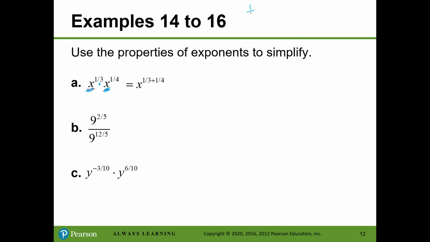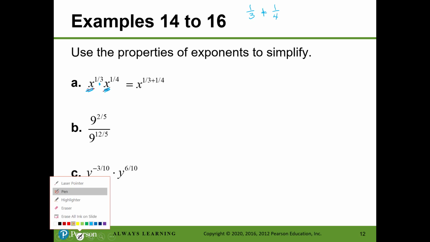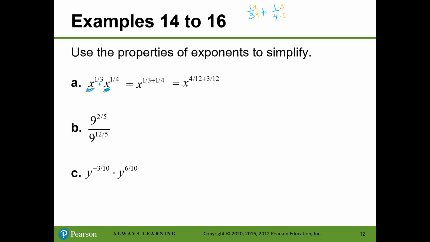And in order to add fractions, what do you need? Yeah, you need a common denominator. So remember, that means you need to make these denominators look the same. And what's the common denominator with a 3 and a 4? Good. I heard some of you. 12. So the 3 needs to get multiplied by 4, and so does its numerator. 4 needs to get multiplied by 3, and so does its numerator, which is why we end up with 4 over 12 plus 3 over 12, which is 7 over 12.